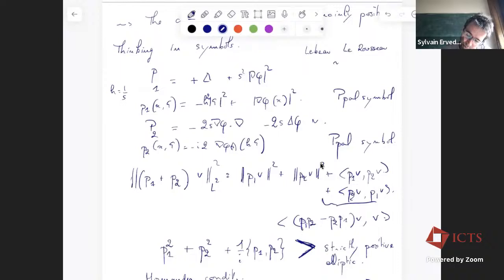I think it's about 2010, but I never know the date, which is a survey on Carleman estimates, which presents everything in terms of symbols. So you can try to go there and see what comes out.